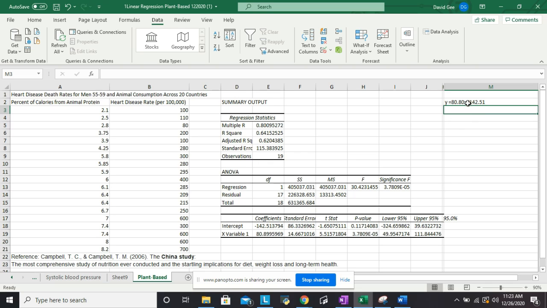And then if I wanted to calculate what happens if the percent of animal protein is, let's say, 9%, I can just calculate that in Excel, and all I'll do is put in 9 for X. So I just say 80.80 times, and instead of writing X, I'm substituting in 9, because I want to see what the heart disease death rate would be if 9% of the calorie intake is from animal protein.